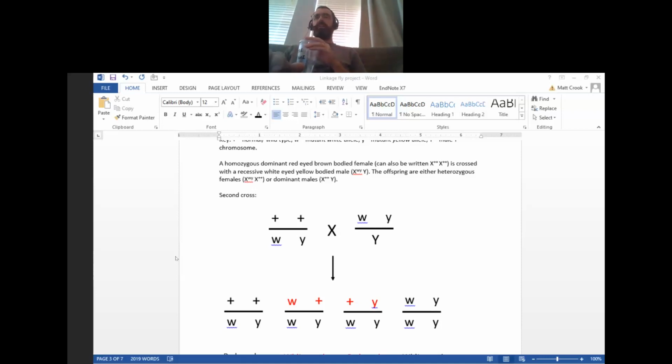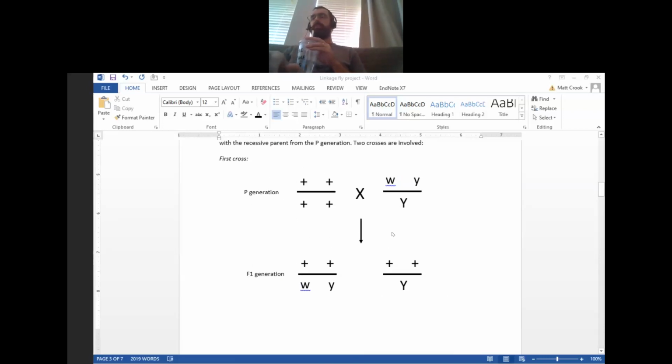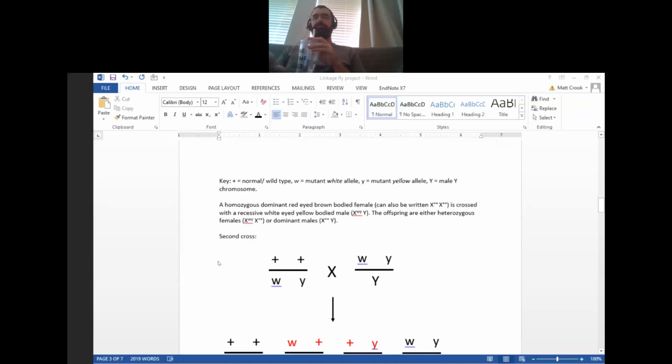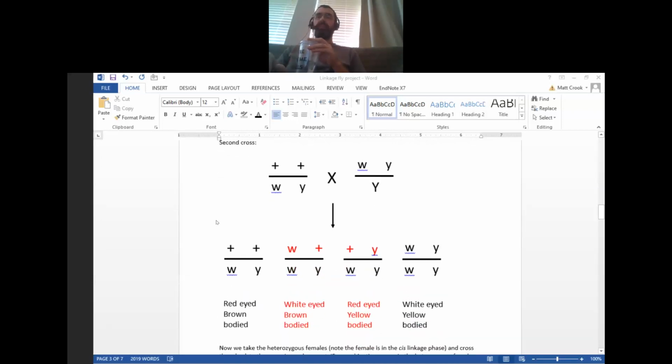So just to recap, the first part of the cross is to generate those heterozygous females. Males, they actually go in what's called the fly morgue, which is where flies go to die. It's a little bit macabre, but it is what it is.